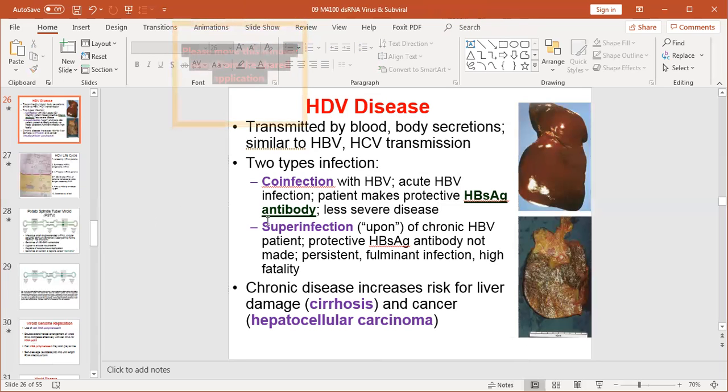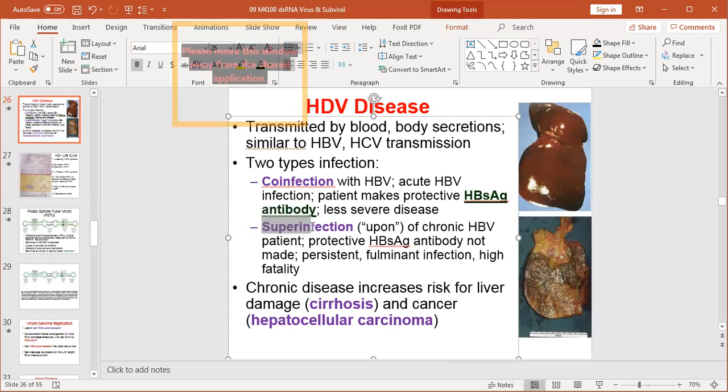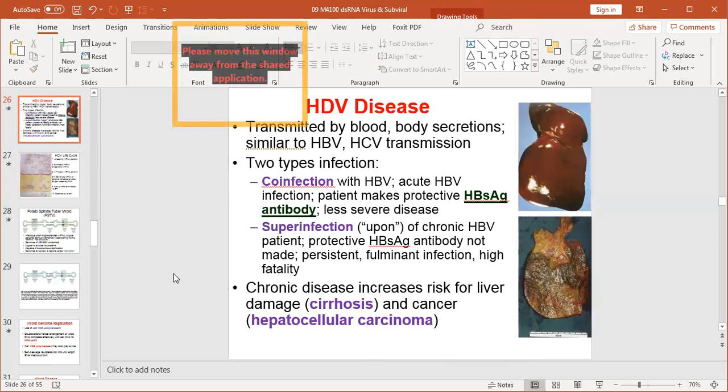Whereas superinfection means that we have a chronic HBV. We'll see superinfection of chronic HBV patients.